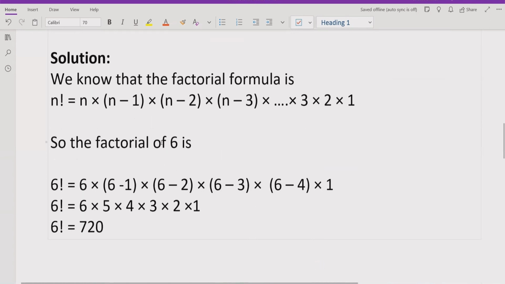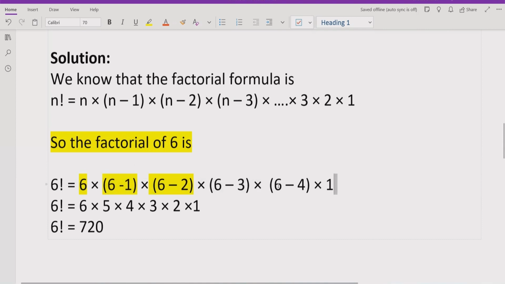As you can see on the screen, we have to find 6 factorial. Because the number is 6, first we write 6. And after that, we will write 6 minus 1, 6 minus 2, 6 minus 3, and 6 minus 4, and multiply by 1.